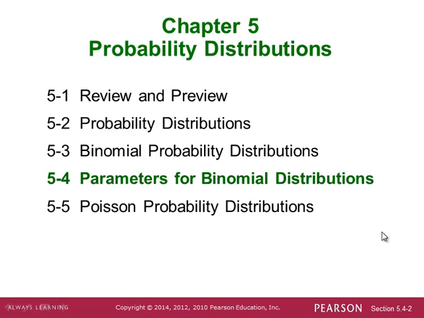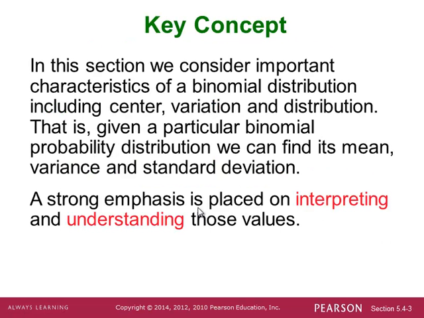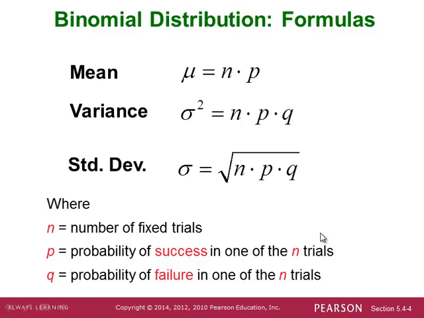So about the binomial distribution, we're going to talk about parameters today, and in particular how to calculate the mean and standard deviation of the binomial distribution, and talk about interpreting and understanding the mean and the standard deviation.